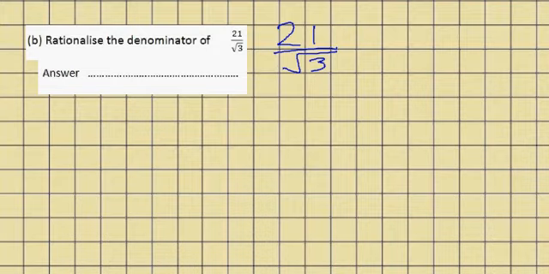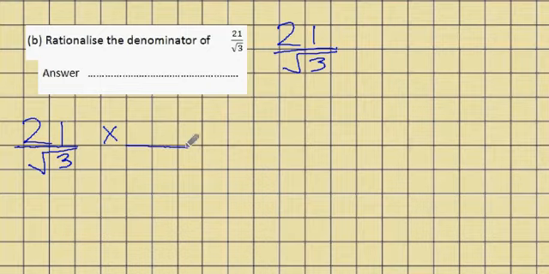Well, the obvious thing is to just square it, which is the reverse. But we can't do that and keep things in proportion. So let's see what we can come up with. 21 over root 3. Because this is dividing, we will need to multiply to keep things in proportion.